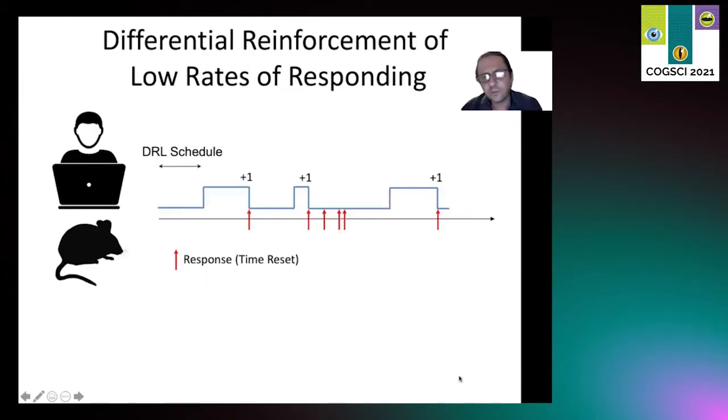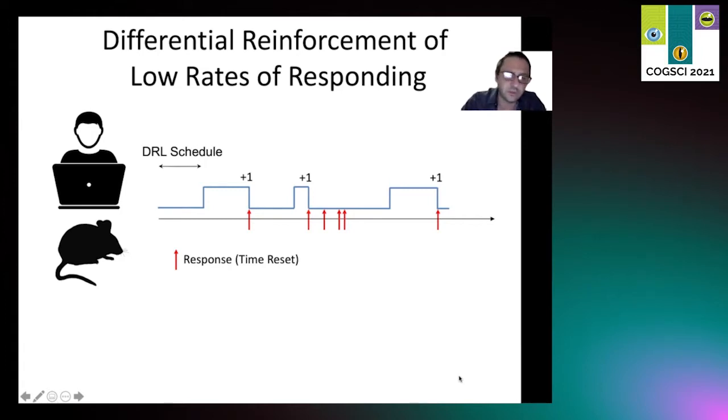Now, in order to demonstrate how timing uncertainty and its scalar property determines reward rate maximizing decision strategies, I will exemplify this in terms of a very simple task called the differential reinforcement of low rates of responding. Now, in this task, we basically ask subjects to space their responses for a minimum amount of time.